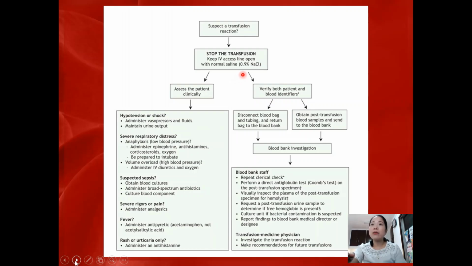Okay? You have to stop the transfusion. And aside from stopping the transfusion, you have to keep the IV line open in order for the normal saline solution to be infused. You have to assess the patient clinically. So number one, is the patient hypotensive or in shock?